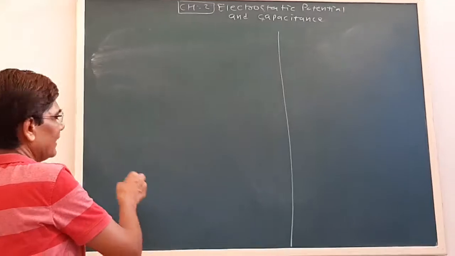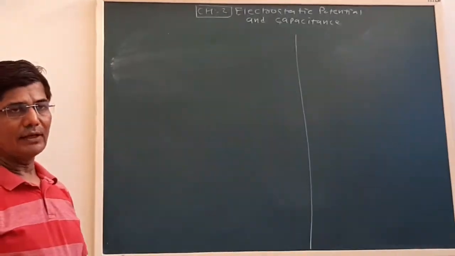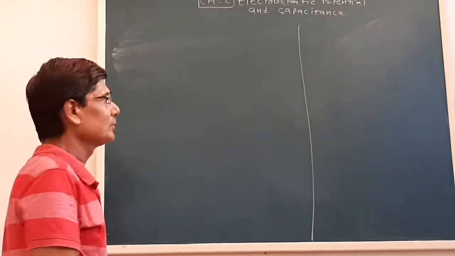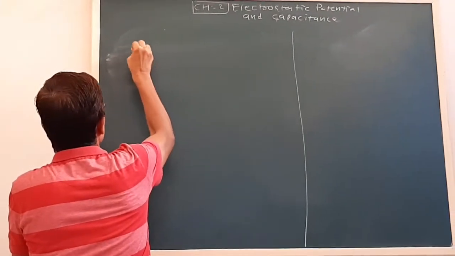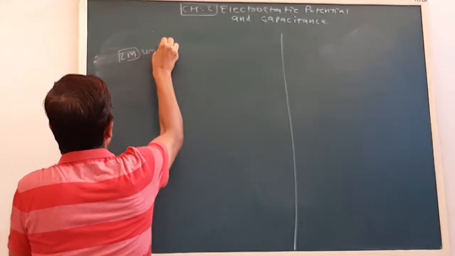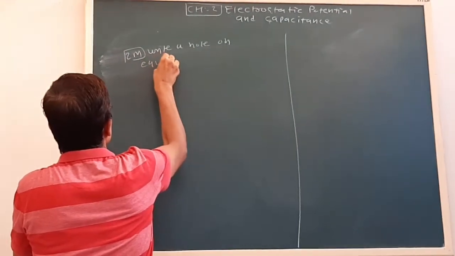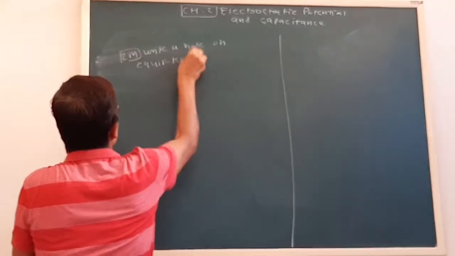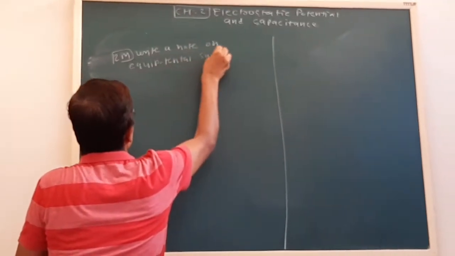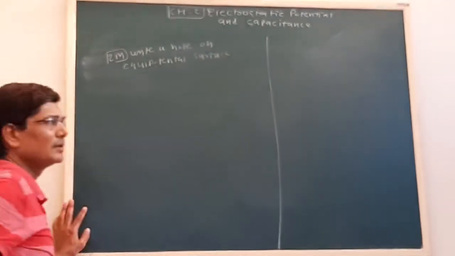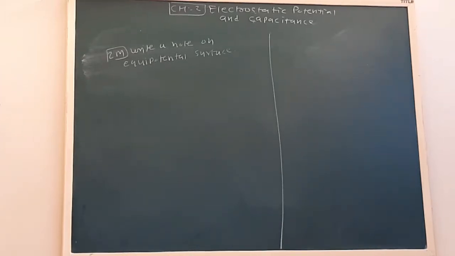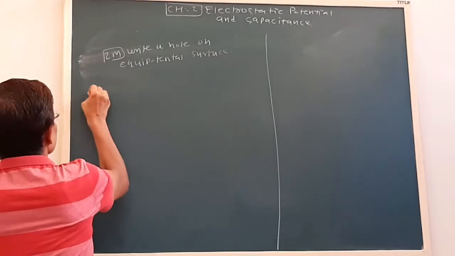Now our next theory is regarding the equipotential surface. This can be asked in 2 marks: write a note on equipotential surface. First we define equipotential surface.